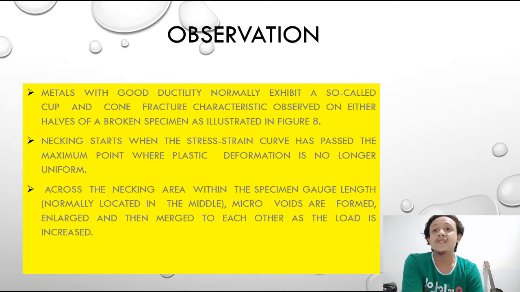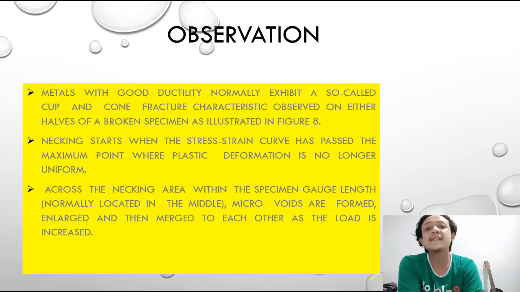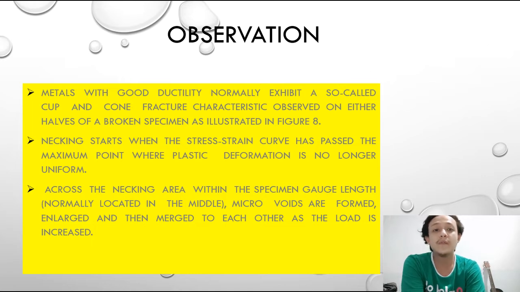Next, necking starts when the stress-strain curve has passed the maximum point, where plastic deformation is no longer uniform. The third one: across the necking area within the specimen gauge length, normally located in the middle, microvoids are formed, enlarged, and then merged with each other as the load is increased.